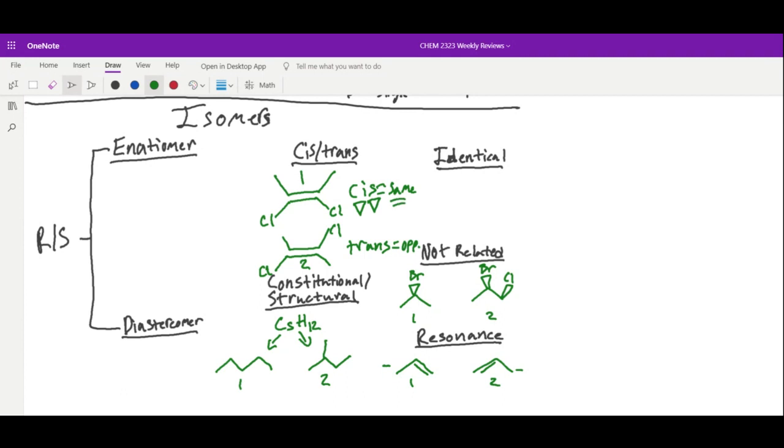And likewise, you can also have two dashes. Then trans would be one wedge, one dash. So you can either see it through double bonds or through wedges and dashes.